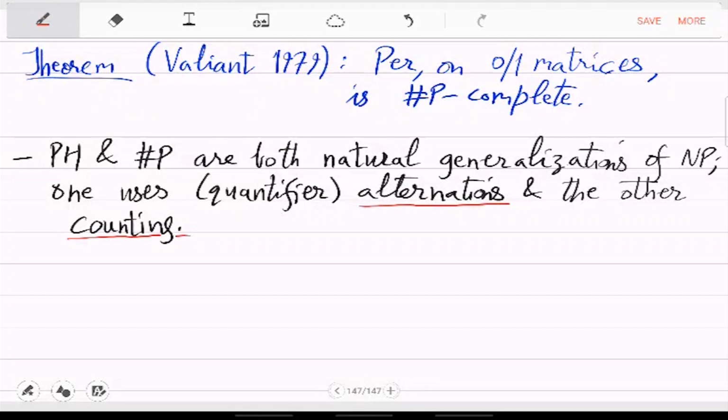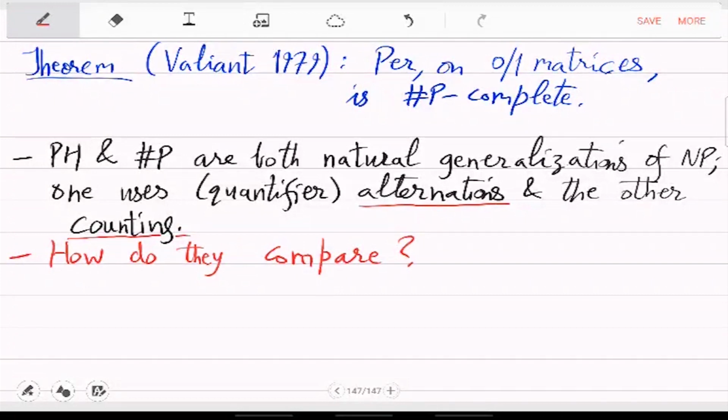It's a counting question, and that also you can do in PSPACE. So, the interesting question is, how do they compare? Are they unrelated, or is one contained in the other?